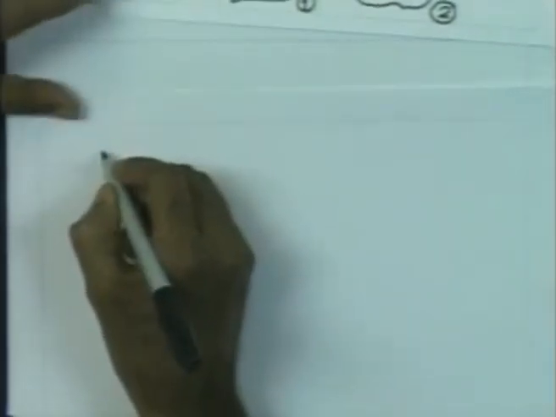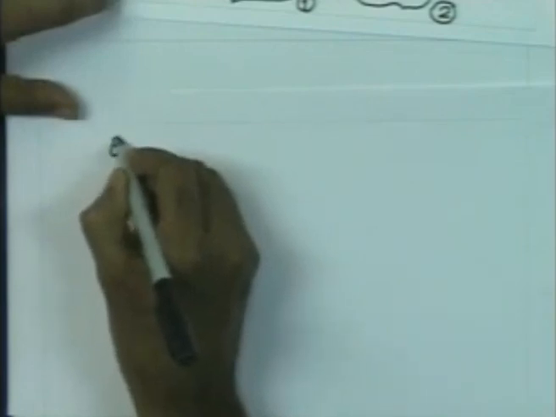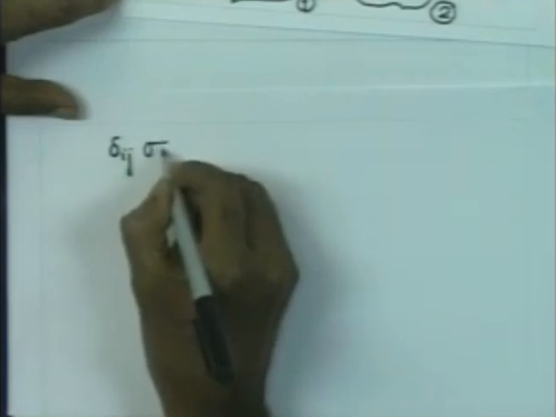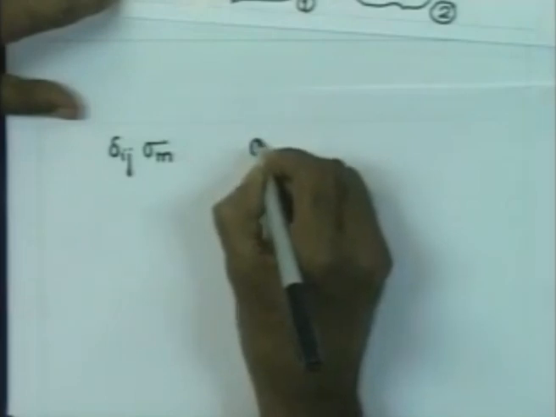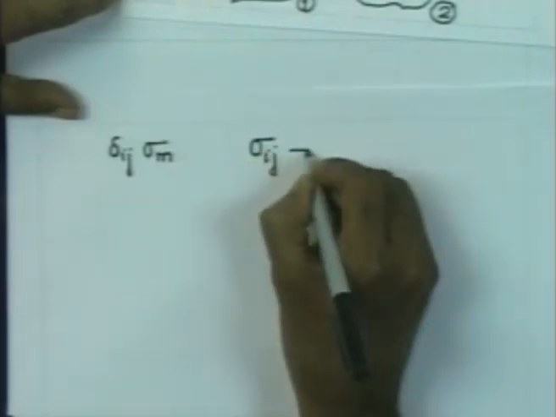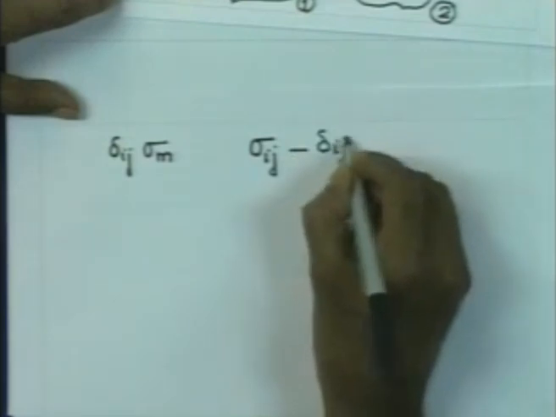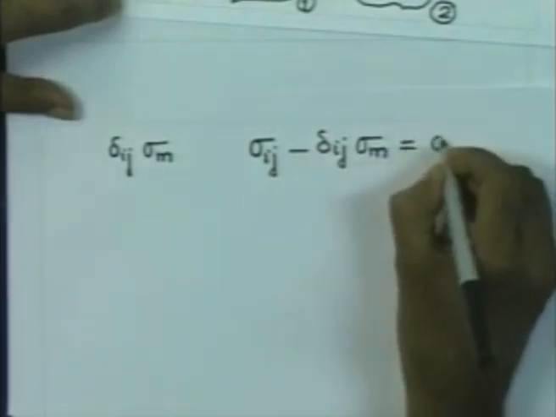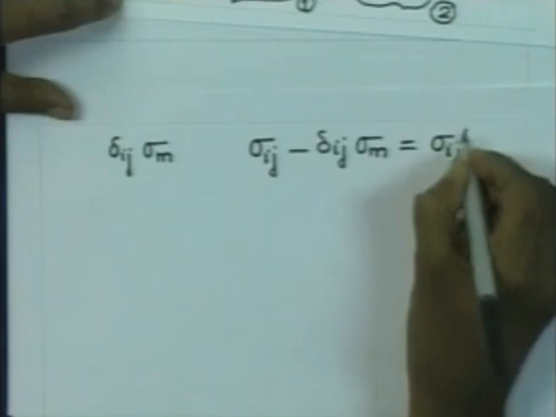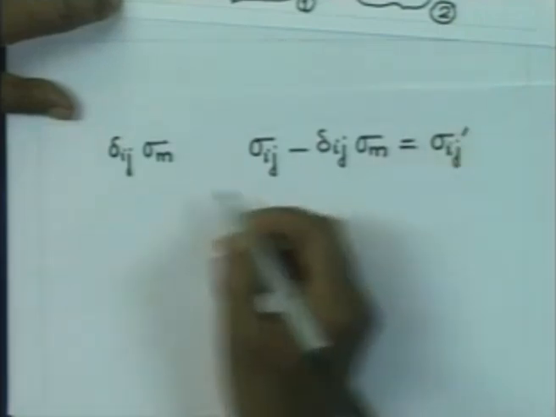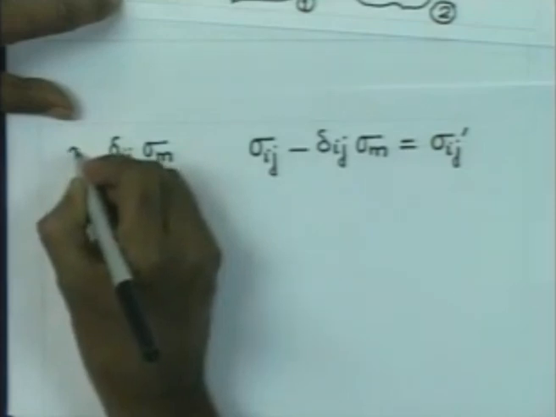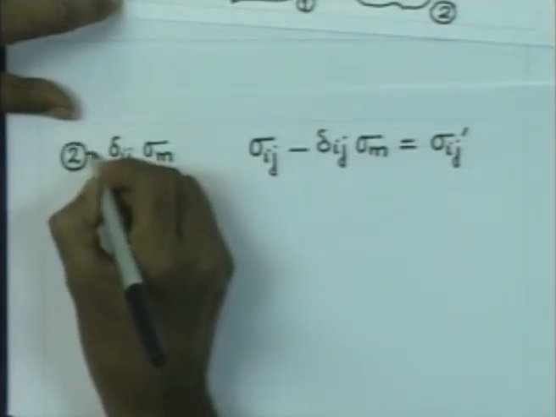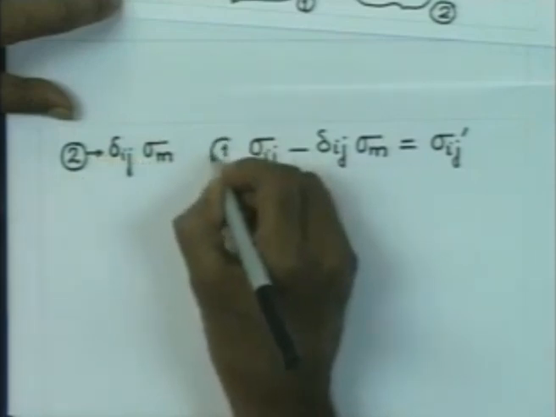So, if we consider the hydrostatic part to be delta ij sigma m and the deviatoric part sigma ij minus delta ij sigma m, let us represent this by sigma ij dash. So, in our earlier notation, this is part 2 and this is nothing but part 1.